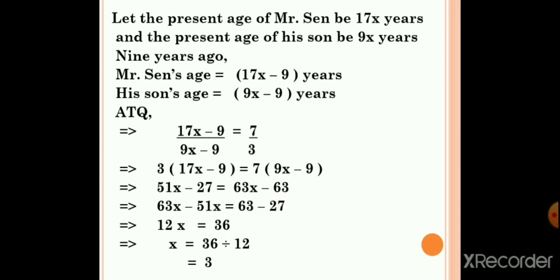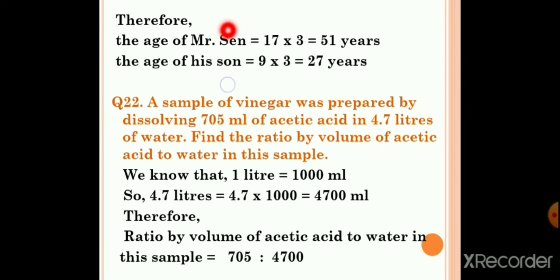So now we can find out the ages of Mr. Sen and his son. The age of Mr. Sen is 17x, so 17 into 3, which is equal to 51 years. And the age of his son is 9x, so 9 into 3, that is equal to 27 years.